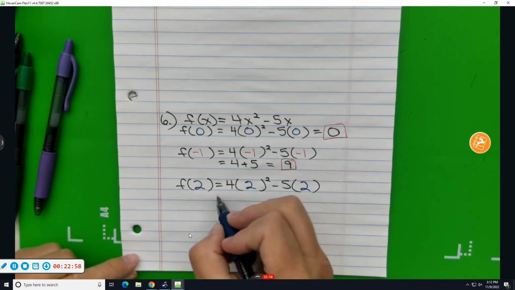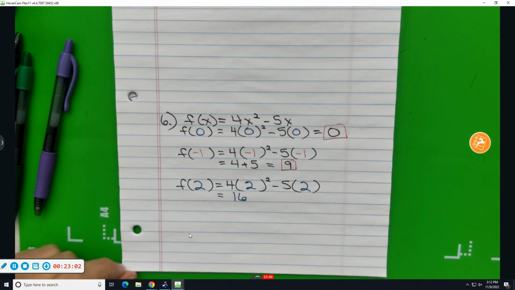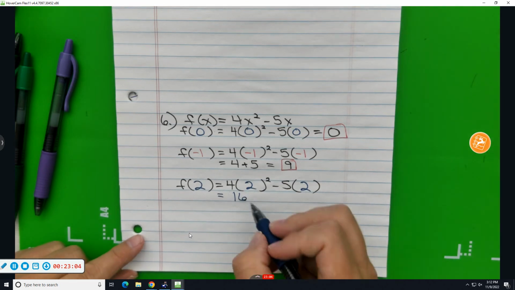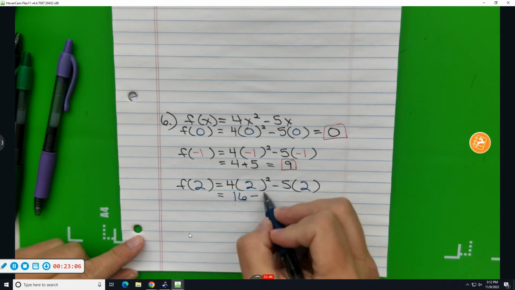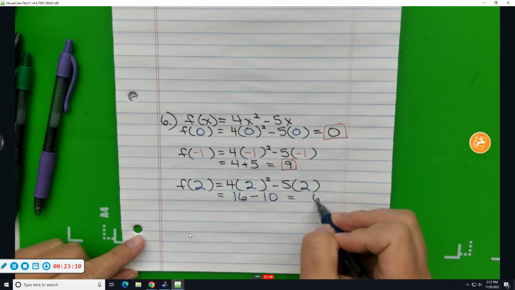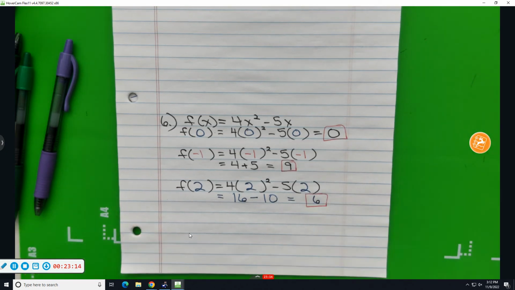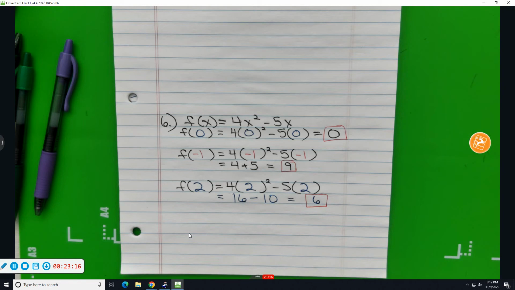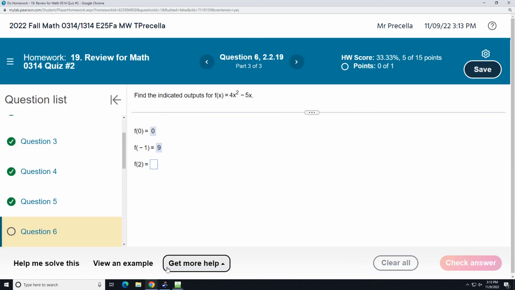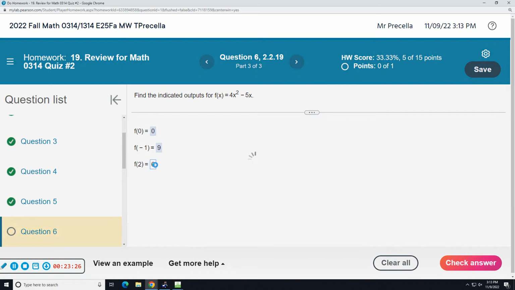Times 4 is 16. Remember, perform the exponentiation before you start multiplying. Minus 5 times 2 is 10. 16 minus 10 gives us a final answer of 6. Any questions there? So we go back to my lab and we type in the 6.